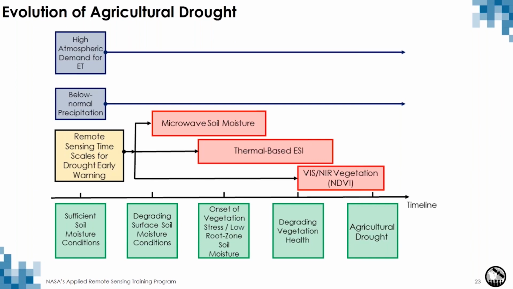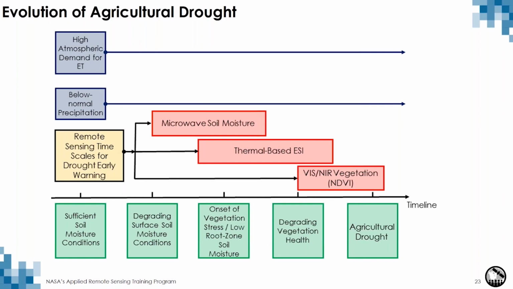When all of them point to enhanced evapotranspiration, it can very rapidly dry out the land surface. Those tend to be correlated with periods of below normal precipitation. So you have a high thirst of the atmosphere pulling water out of the land surface, and then below average precipitation or recharge of that soil moisture.